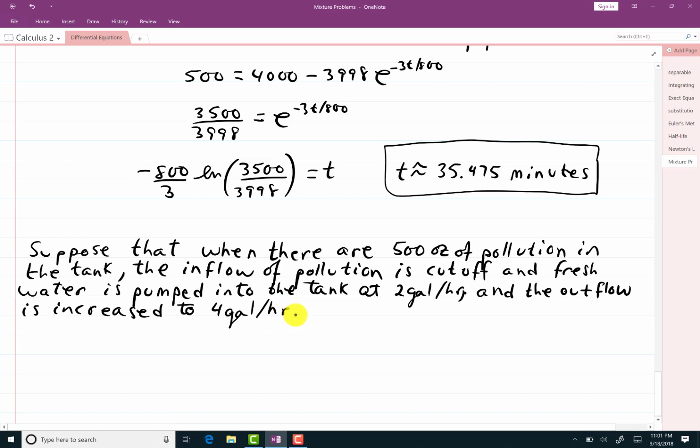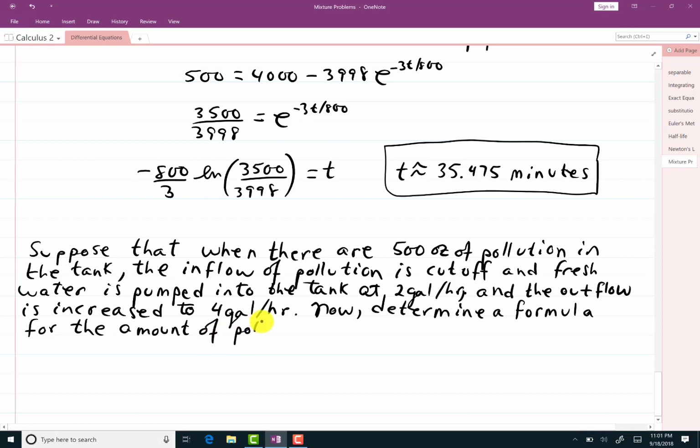So now, determine a formula for the amount of pollution in the tank at any time t.